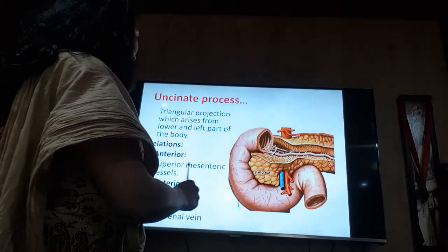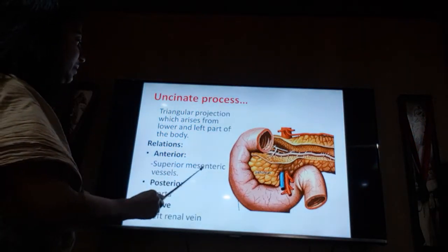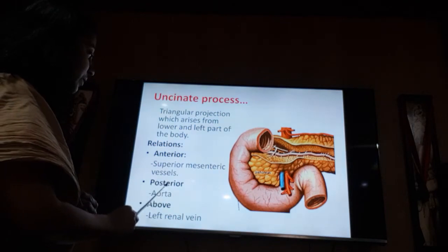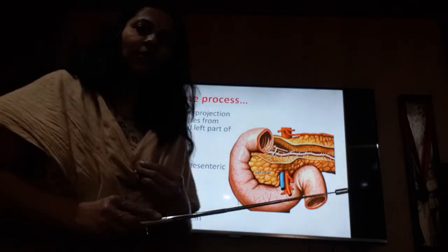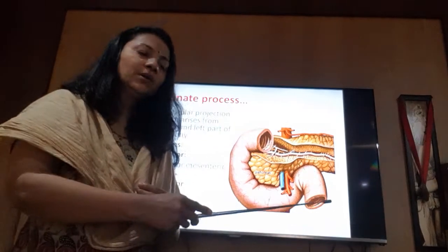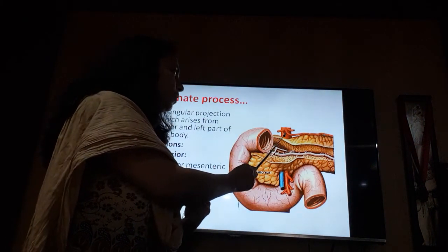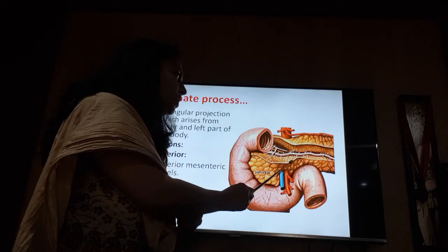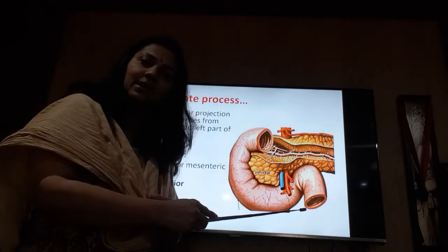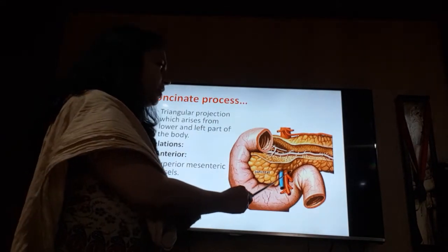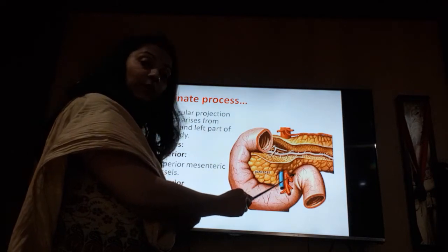So the anterior relation is the superior mesenteric vessels. Posteriorly, the aorta. Obviously, because the superior mesenteric artery is arising from the aorta. This is the aorta. It is present posterior to the pancreas itself.